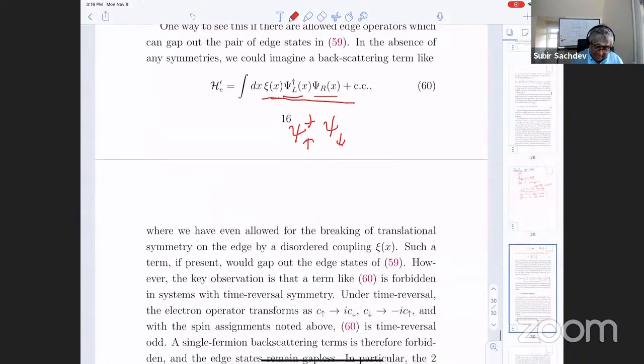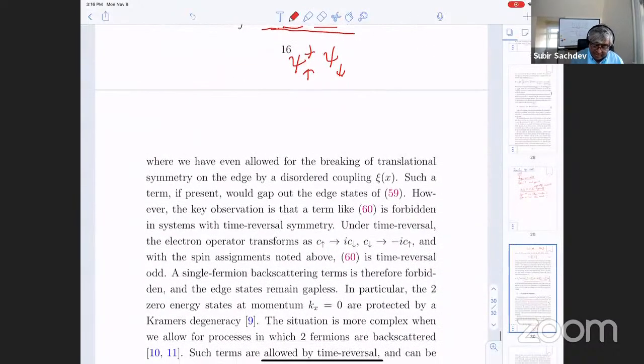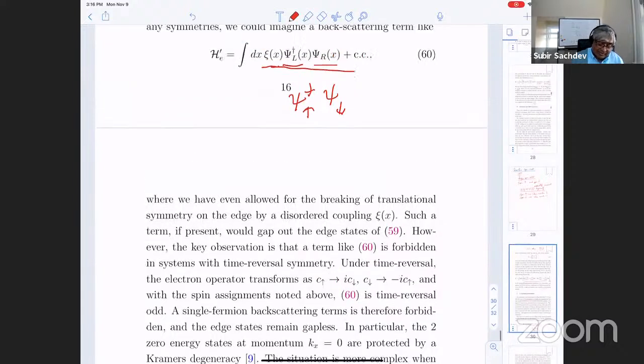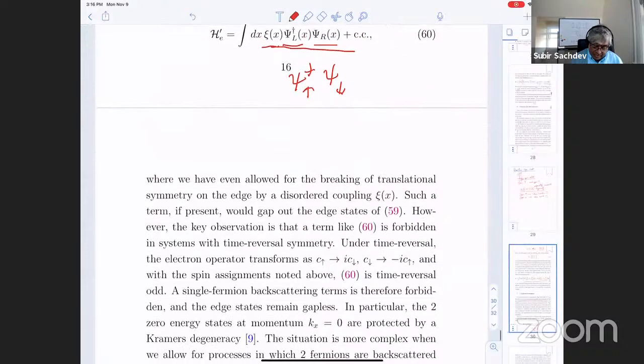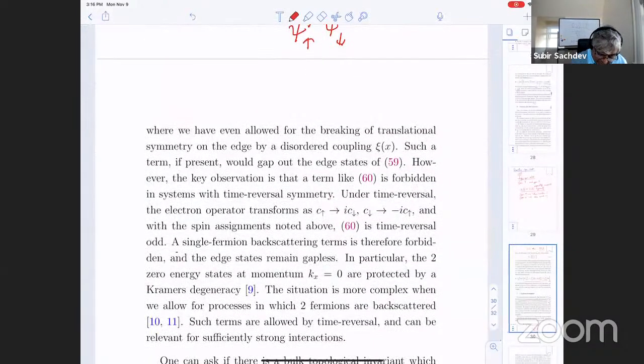And you can see that this is not allowed, because under time reversal symmetry, if you try to do the symmetry in a way that it also flips the spin, C up goes to iC down, whereas C down will go to minus iC up. And if you take this transformation and put it in here, you find that it's not allowed. So single fermion backscattering term is therefore forbidden, and the edge states remain gapless.